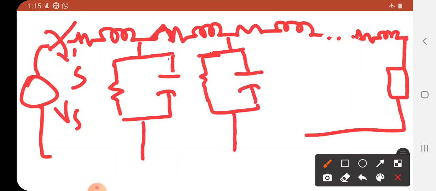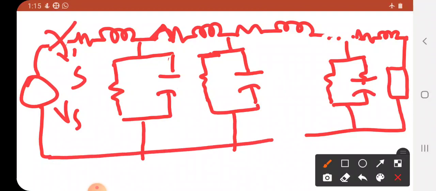Let's draw the circuit. What you observe here, the transmission line contains the series resistance, series impedance, and shunt capacitance and shunt resistance. Shunt resistance is also taken as conductance.